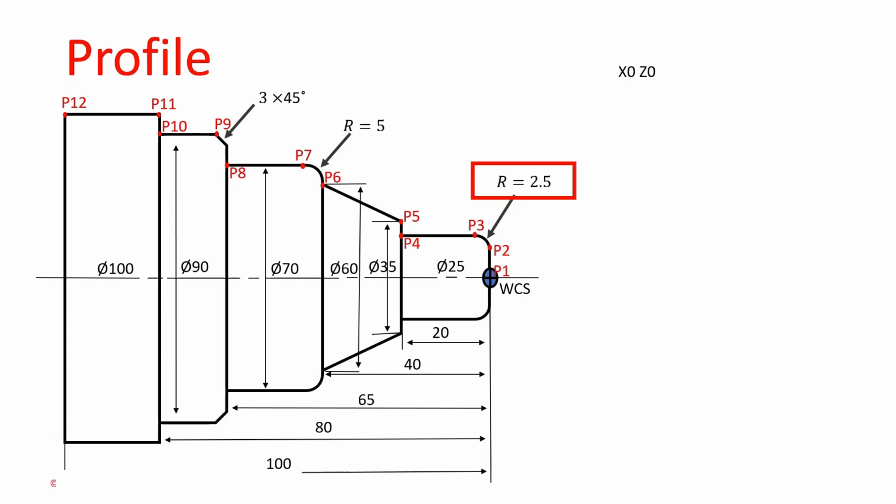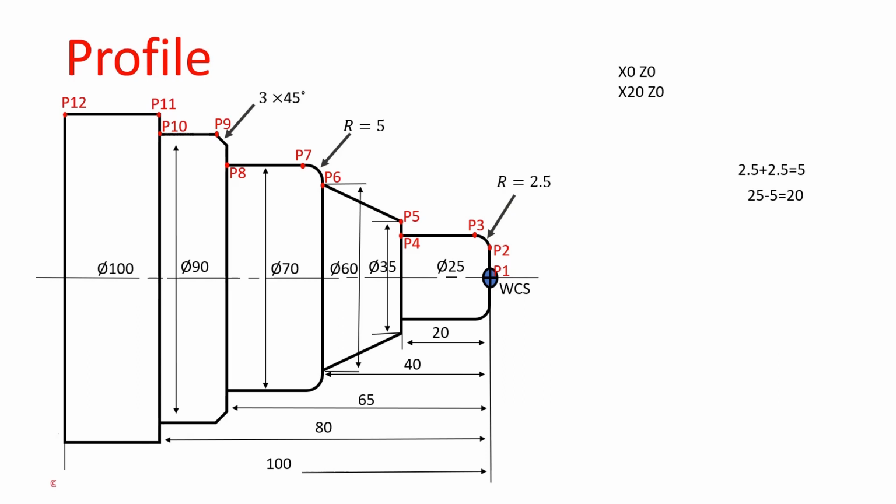It is converted into diameter. Remove these 5 from the radius endpoint diameter. The radius endpoint diameter value is 25. 25 minus 5 equals 20. It is the P2 point diameter value. P2 value is X20, Z0.